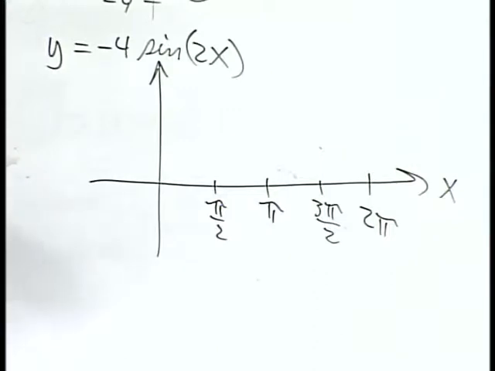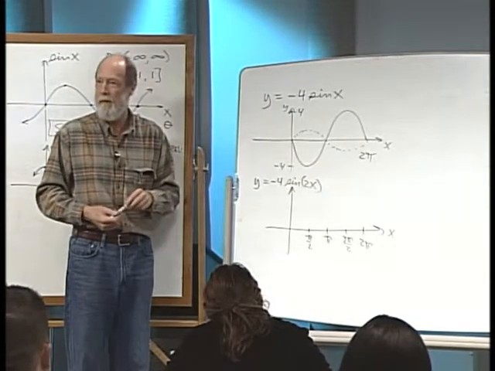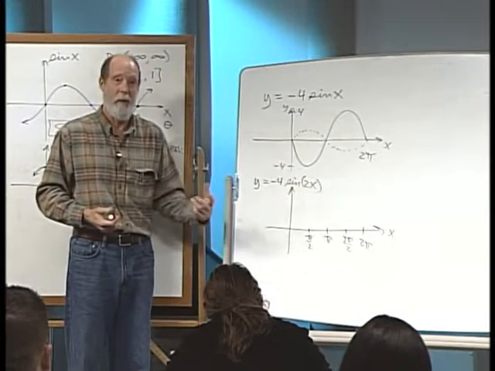I'm not expecting a publishable graph. I'm just expecting a quick sketch so that you see that behavior where the increasing and decreasing portions are, where the maximums and the minimums happen to lie, and what the period is.